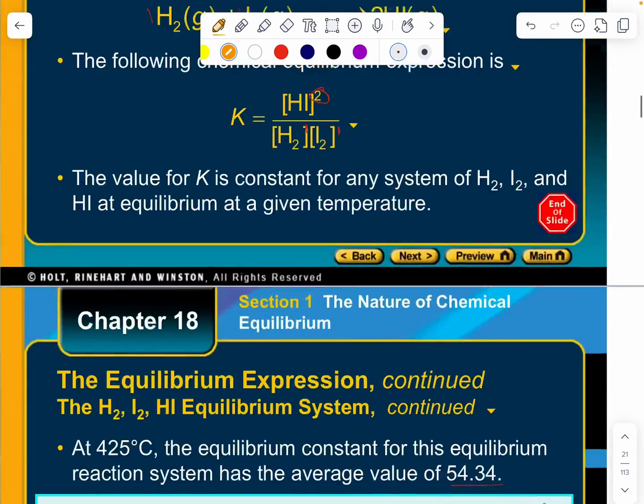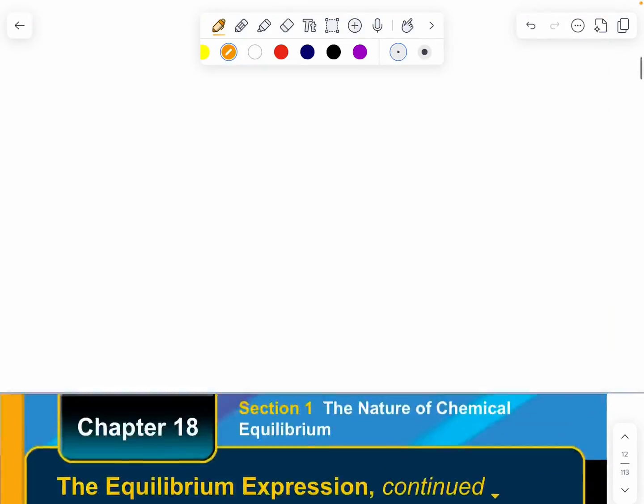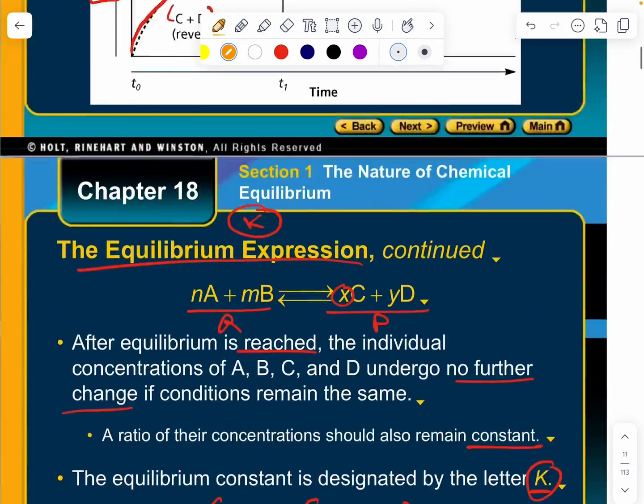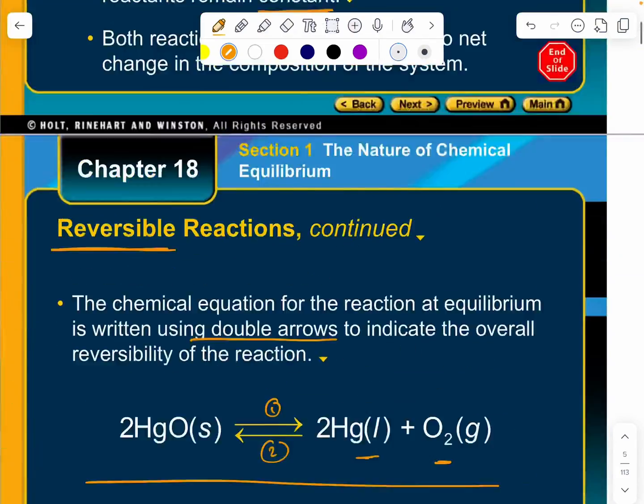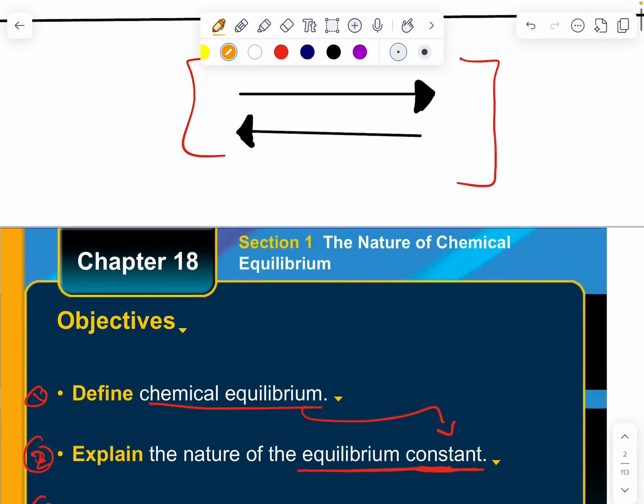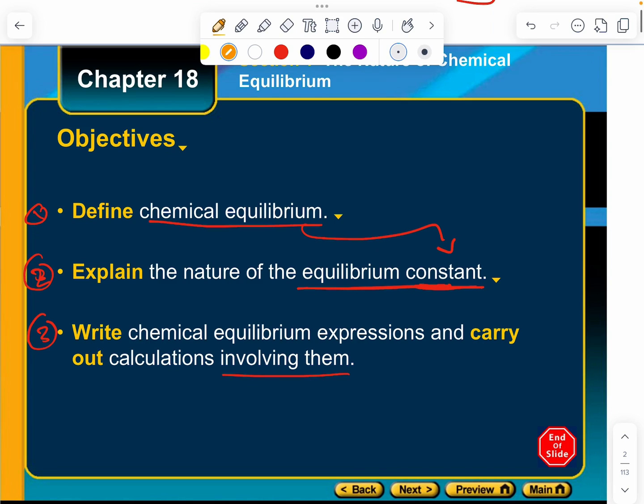And let's make a small wrap up for our session here. We have 3 objectives. We started with defining the chemical equilibrium, which means there is an equal rate of forward reaction with the backward or reverse reaction, correct? And these are equal rates. This is the meaning of chemical equilibrium.